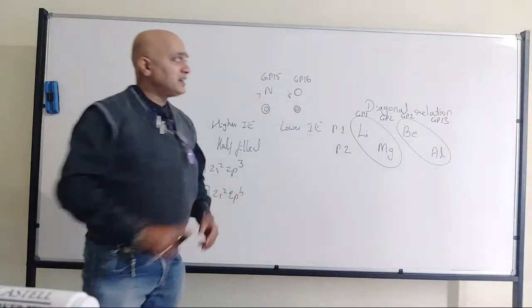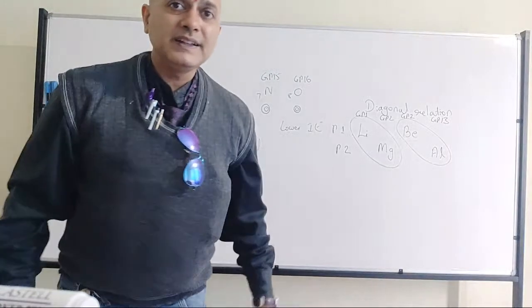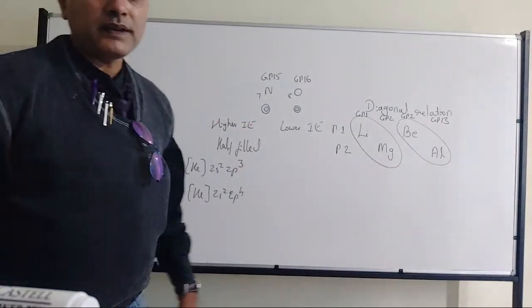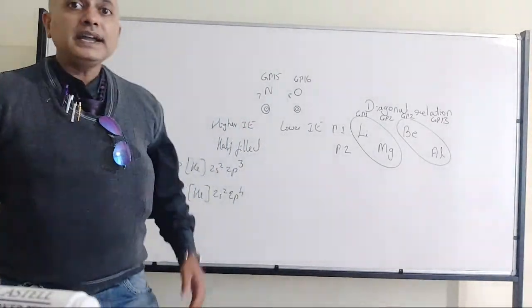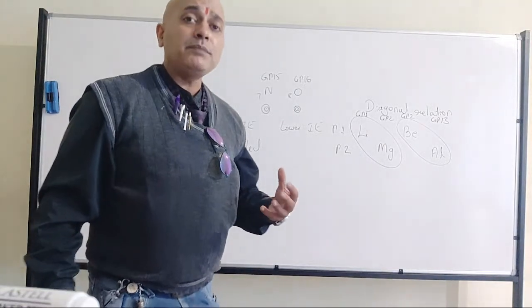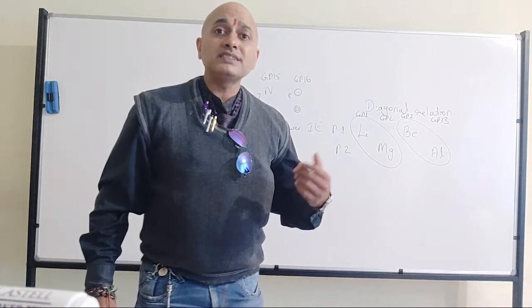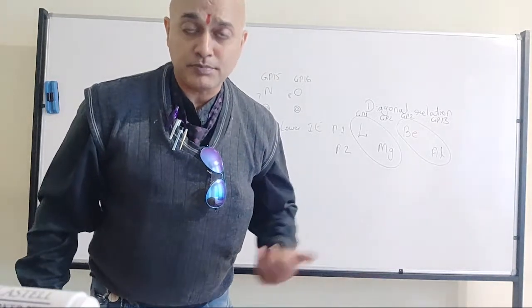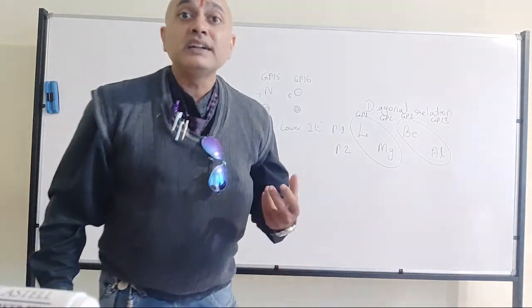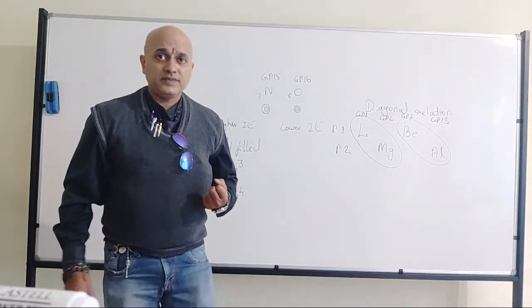What I mean to tell you is, diagonal relation means the first element of one group will have similar property to that of the second element of the next group. That is nothing but diagonal relation.